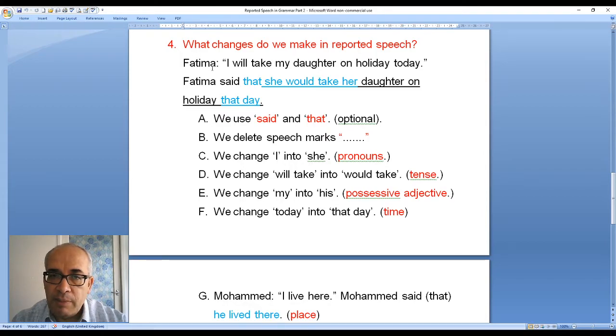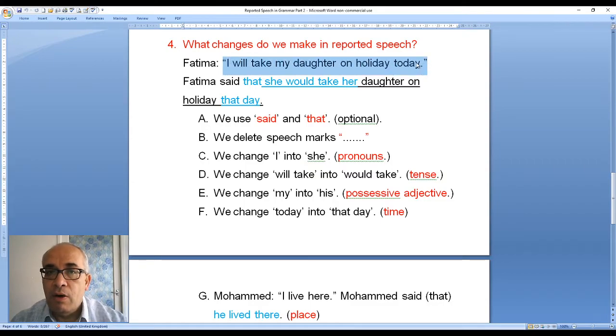Fatima says, "I will take my daughter on holiday today." Of course, before I use speech marks. After today, I use speech marks. This means I will take my daughter on holiday today. This sentence was said by Fatima. So, I am going to report what Fatima said.